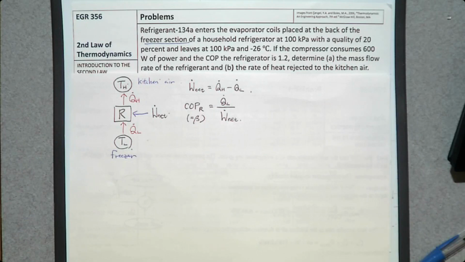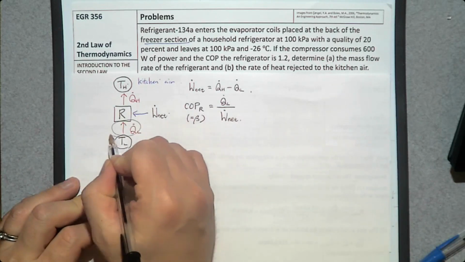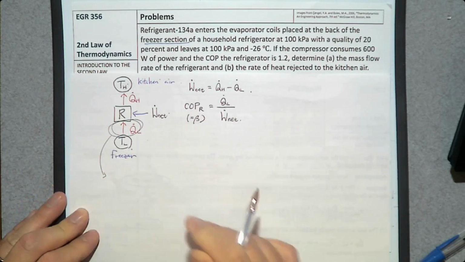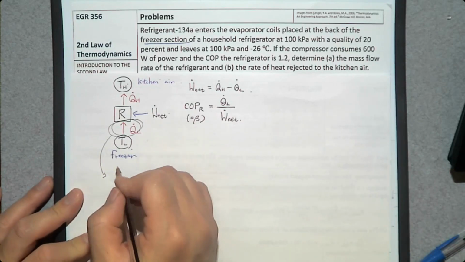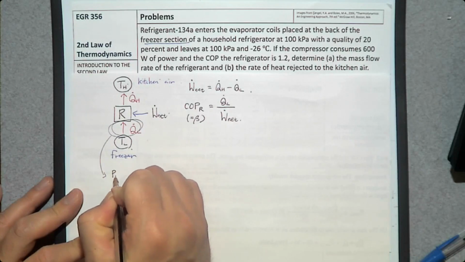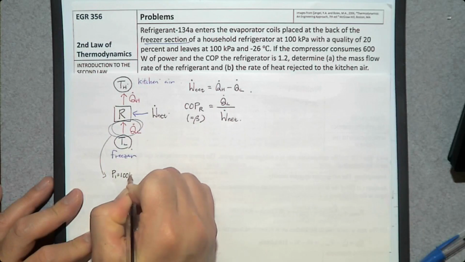We have the information at the inlet and the exit of this evaporator. So in the evaporator here, the inlet, I'm going to say inlet is number 1. So P1 is 100 kilopascal.